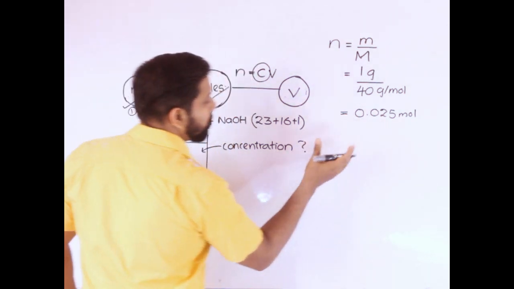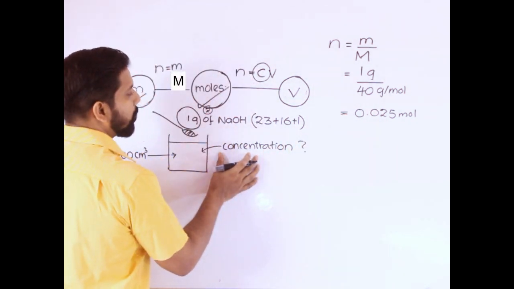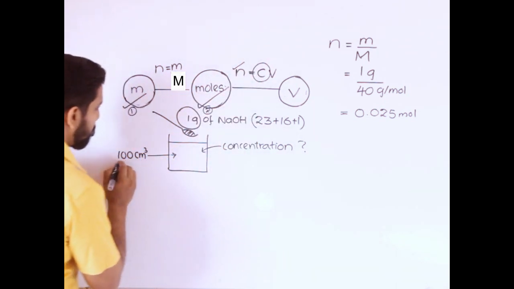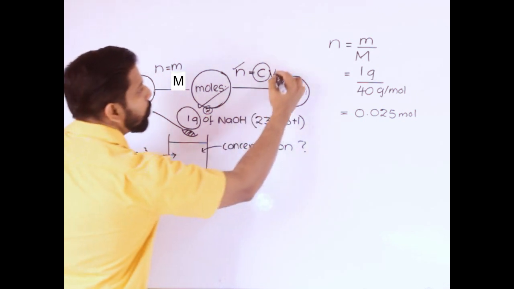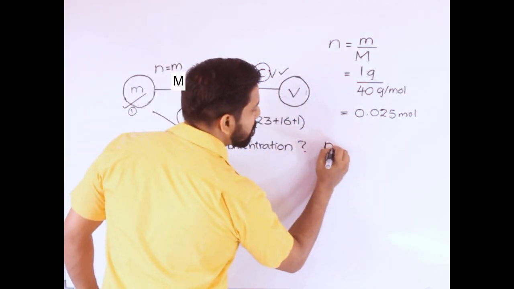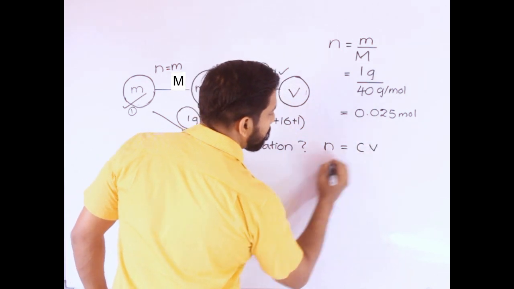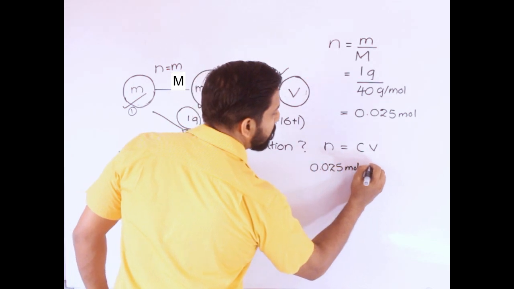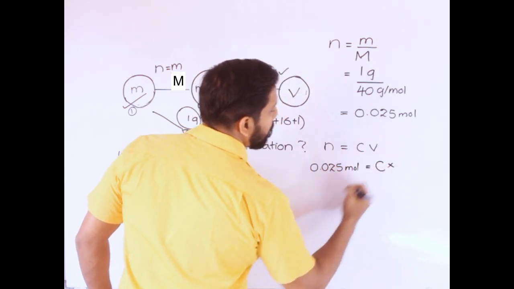Then the next step is to find the concentration. So do you know moles? Yes. Do you know the volume? Here we are given volume, so we know this as well. Now we have to find C. So let's use n equals CV. Moles is going to be 0.025 moles. Concentration is unknown.